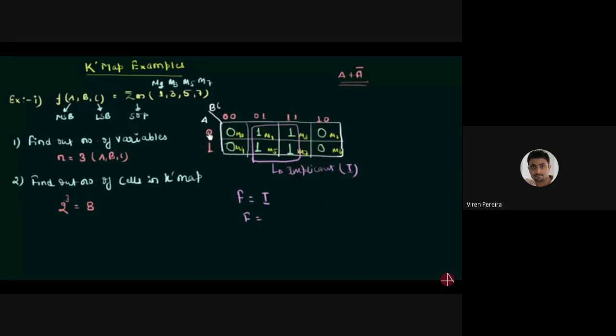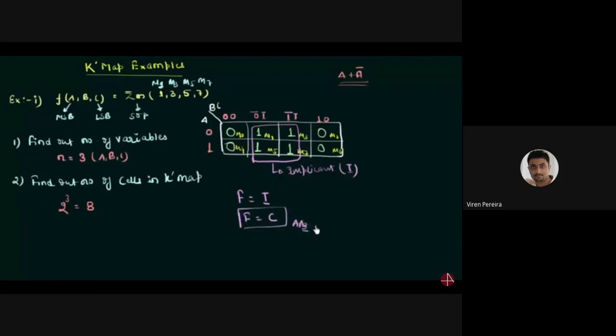The A is changing from 0 to 1, so we will neglect A. The B is also changing from 0 to 1, so we will neglect the B also, but the C is 1 throughout this group of ones, so we will write 1 as C. So this is your answer, f is equal to C.